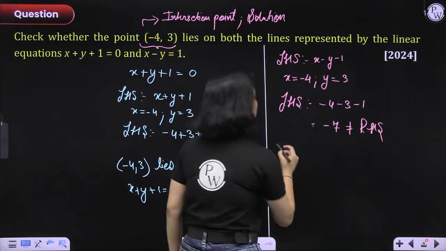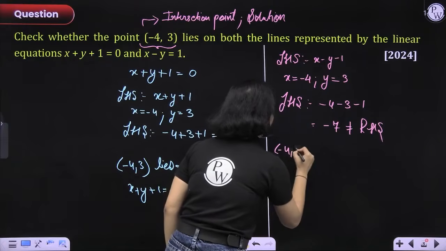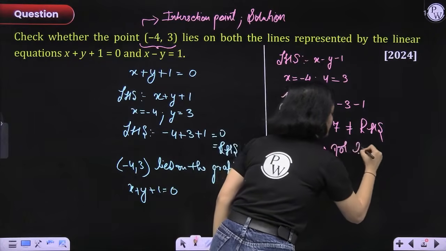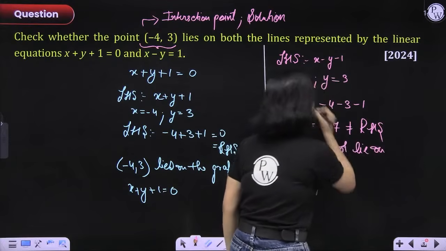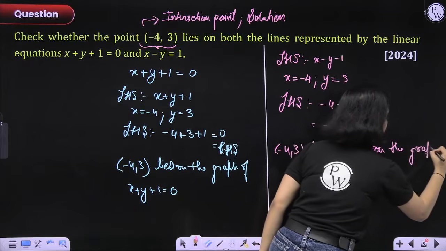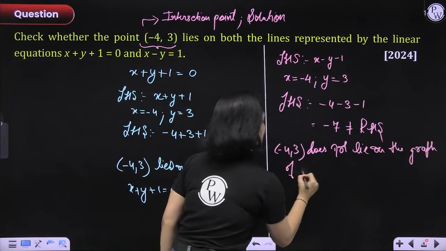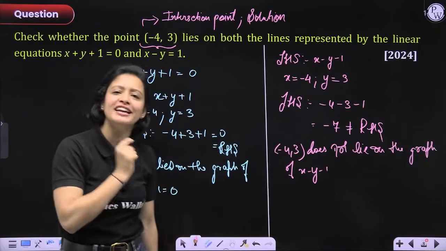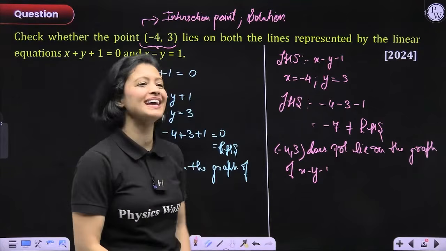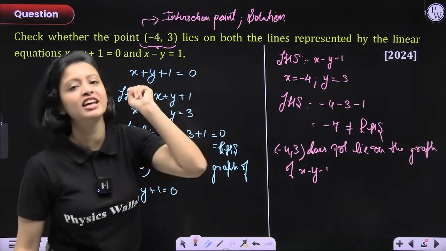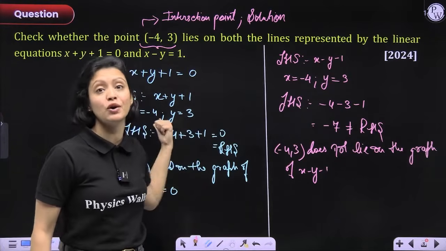So that means that negative 4 comma 3 does not lie on the graph of x minus y minus 1. So what's the final verdict, everyone? The final verdict is that this is not the solution of the pair of linear equations, because this should have satisfied both the equations, right?